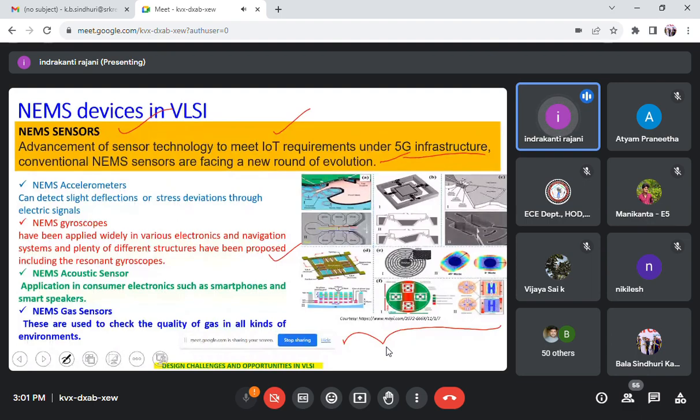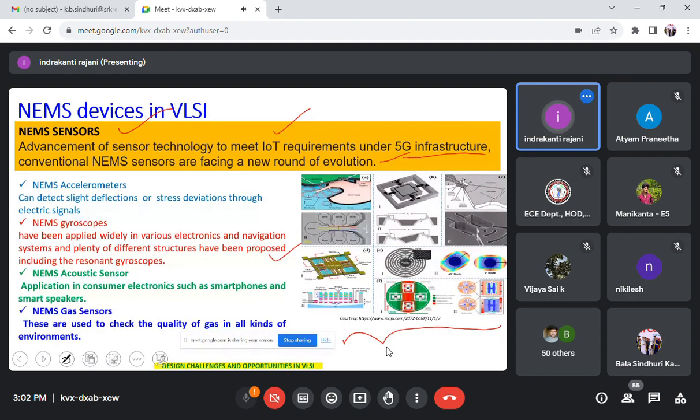So what are NEMS accelerometers? They can detect slight deflections or stress deviations through electrical signals. For example, you can observe this in high-end cars like Audi or Skoda, where if there is some change in the engine, the car will stop automatically on the road. Maybe that is the high end and electrical vehicles.